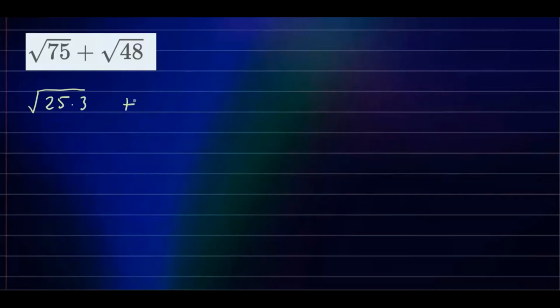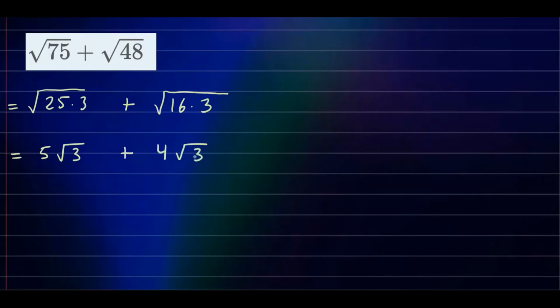Plus, 48 you can write as 16 times 3, and again, I chose that because 16 is a perfect square. Now I can simplify them by using the laws of radicals. So this would be 5 square root of 3, because that didn't simplify, plus the square root of 16, which is 4, and then we still have the square root of 3.